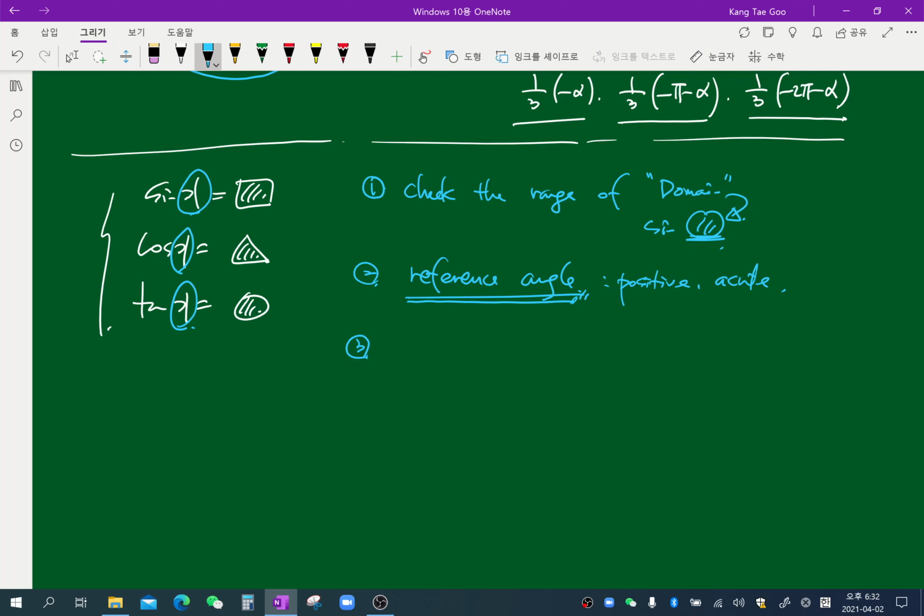Then the third one, okay, we go for the XY plane. Or you can just imagine this is like a unit circle. Check the quadrant.